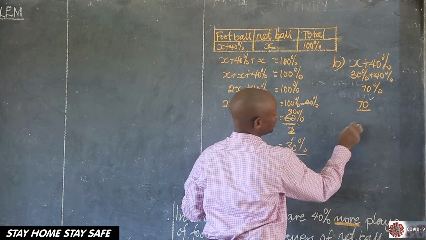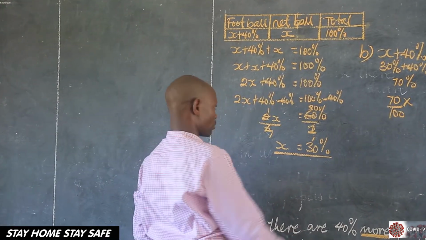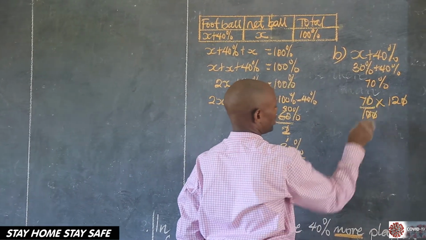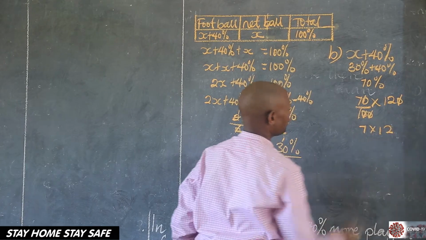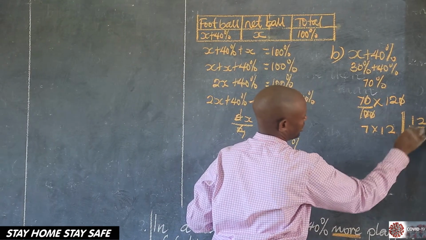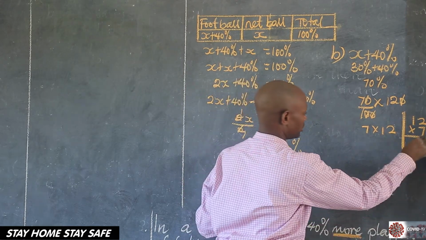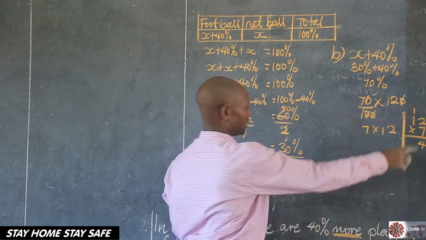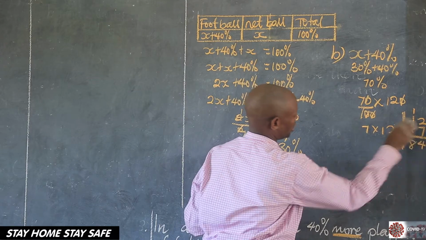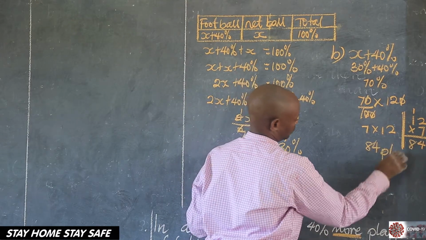So it is 70 out of 100 times the number of players in the group, 120. Here 7 times 12, vertical multiplication is required. 7 times 2, we get 14, carry 1. 7 times 1, get 7, plus 1, we get 8. So it means there were 84 players.